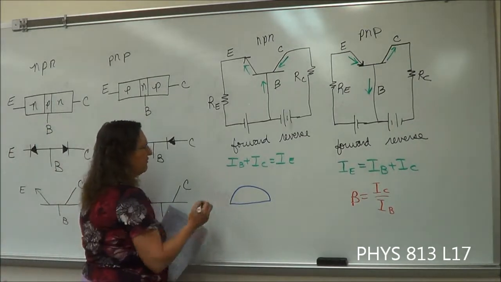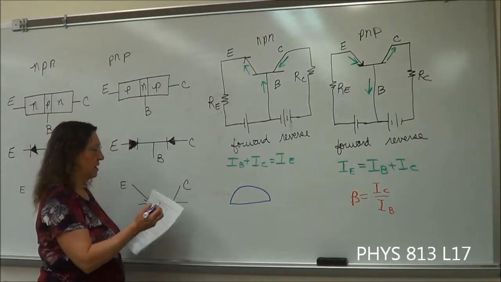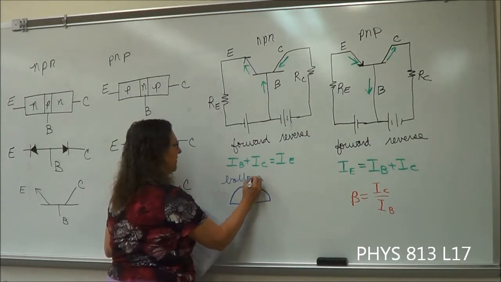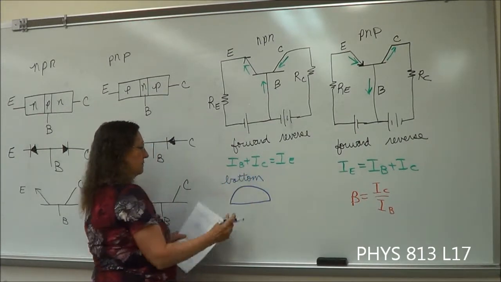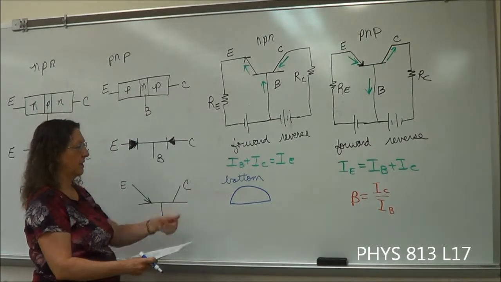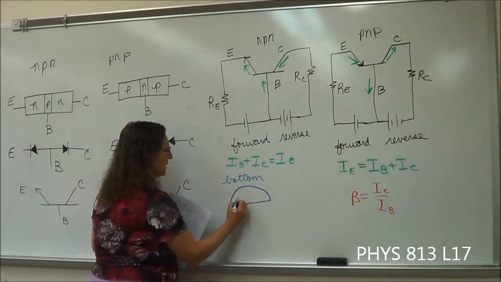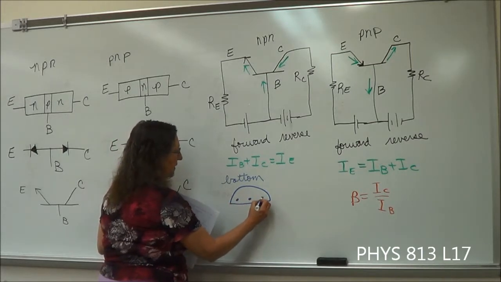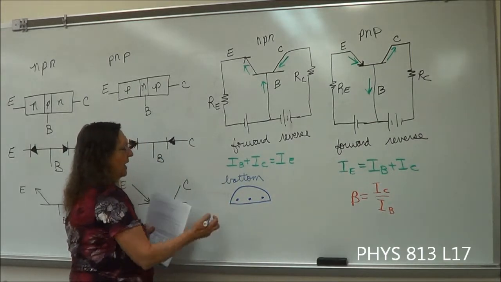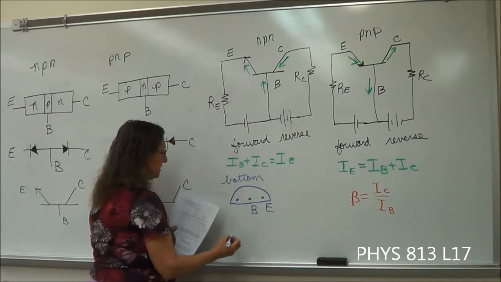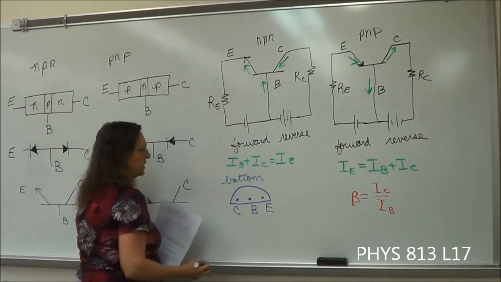And then if you're looking at it from the bottom view, so if you have it turned so it's sort of sitting in your hand and the leads are pointing up, you will see 3 leads. You come out here, and this right one is the emitter, the middle one is the base, and the left one is the collector.